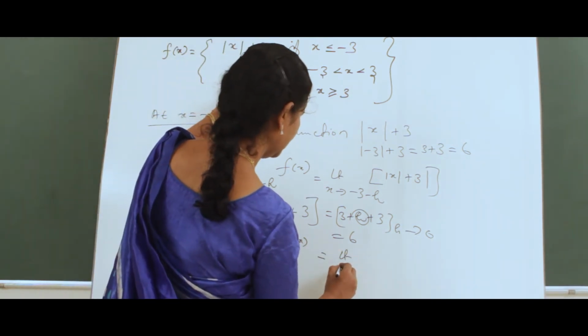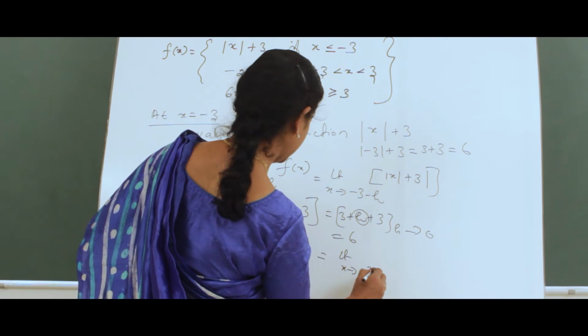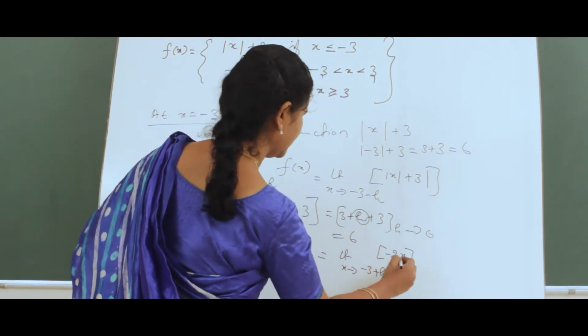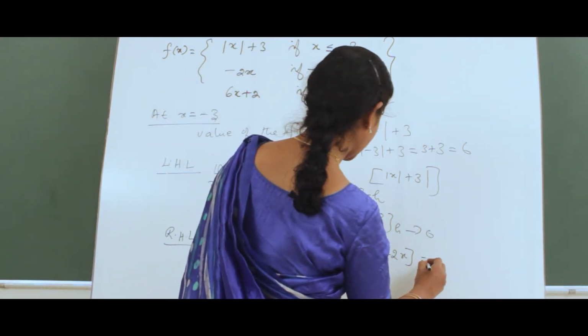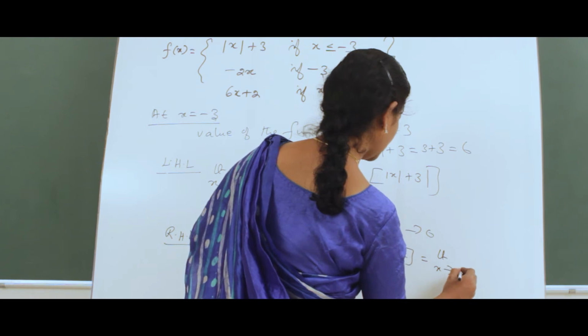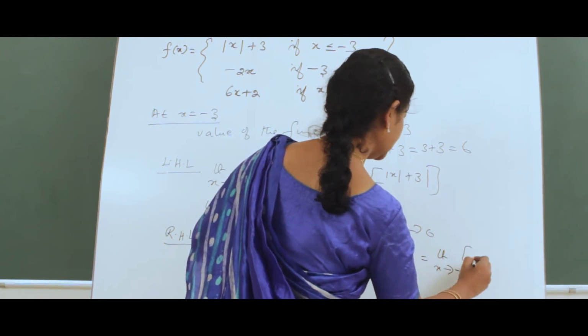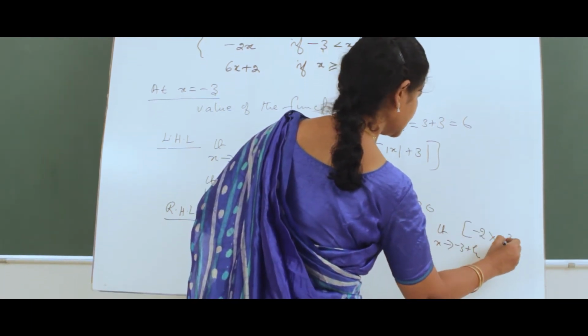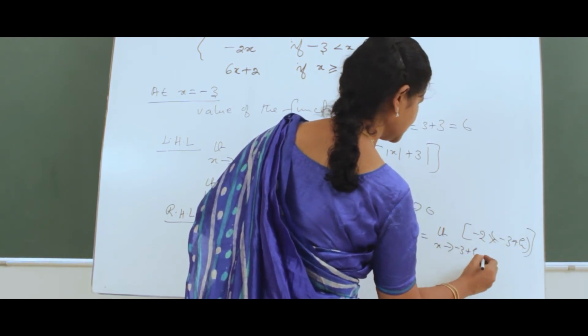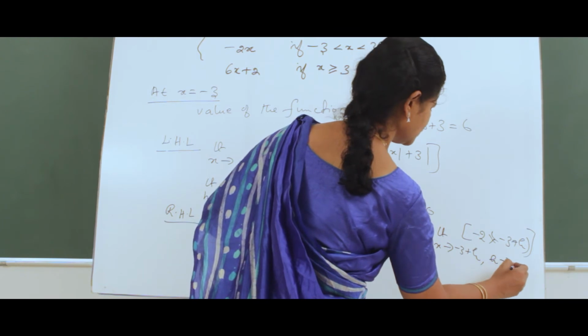Substitute for x: limit x tends to -3 plus h, -2 into (-3 plus h), as h tends to 0.